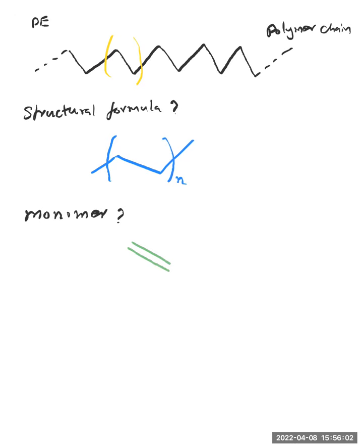Okay, let's do another one. This time I'm going to try to go the opposite way. I'm going to start with the monomer. So your monomer is, let's say, this, OH.